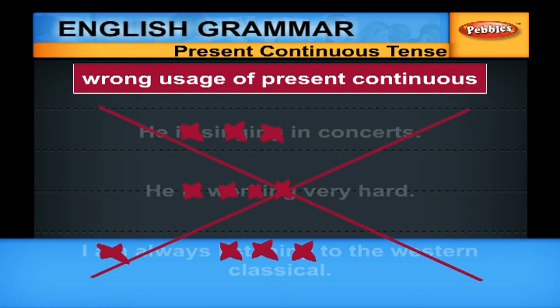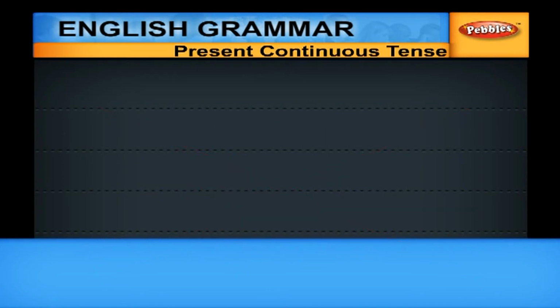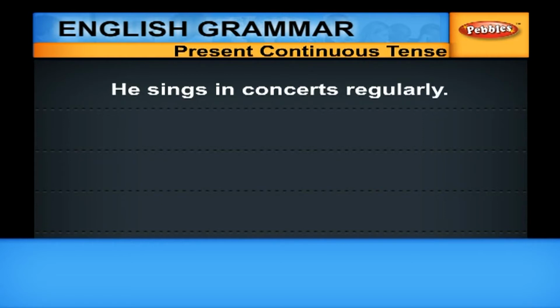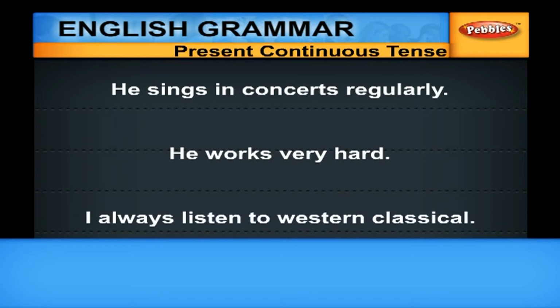In the above sentences, you would have noticed that all the lexical verbs are in VING form, that is continuous form, but they refer to a habitual action. But a habitual or repeated action should be in simple present tense. So, the correct way of saying it is: he sings in concerts regularly. He works very hard. I always listen to Western classical.